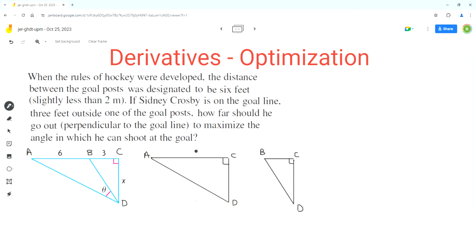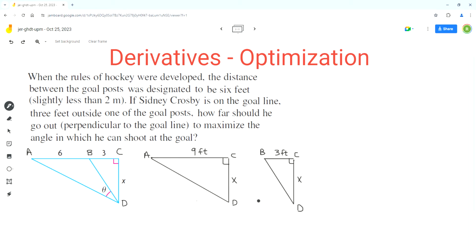Side AC is 9 feet long. Side BC is 3 feet long. And we have to solve for x that will maximize theta.